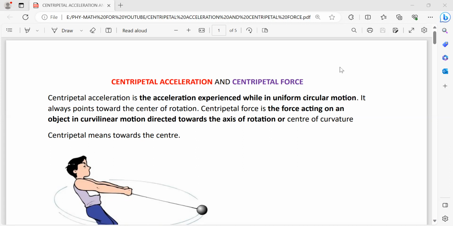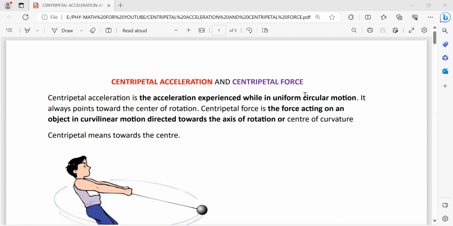Next, it always points toward the center of rotation. This acceleration and force are directed towards the center of the circle, towards the inside, while the tangential velocity direction is to the outside of the circle.